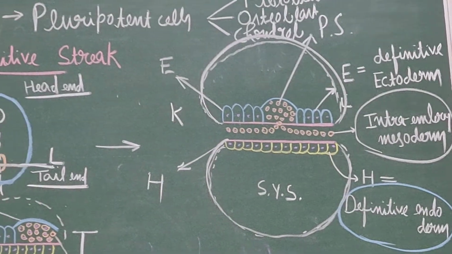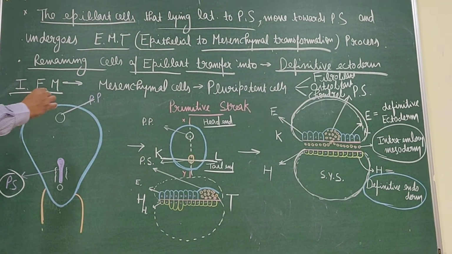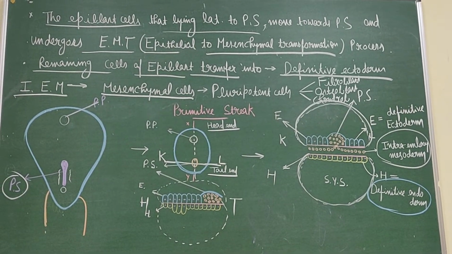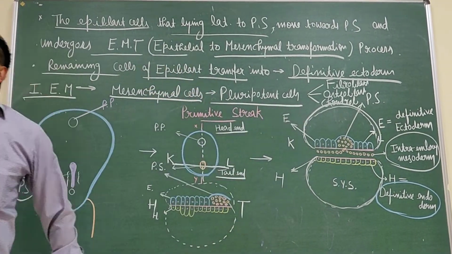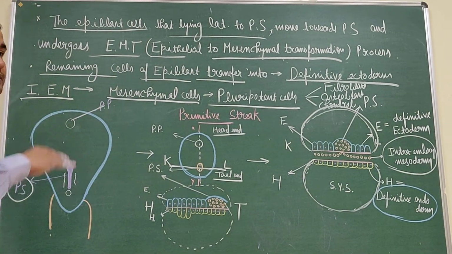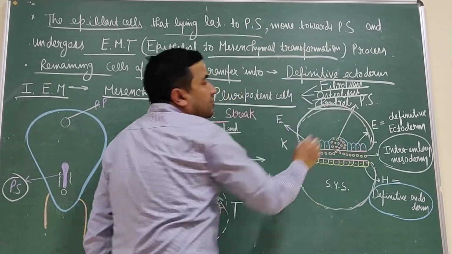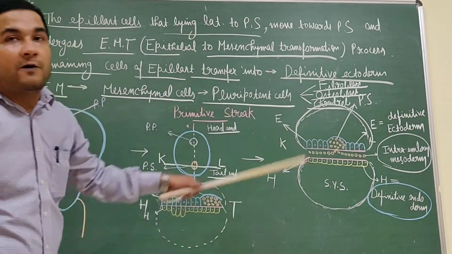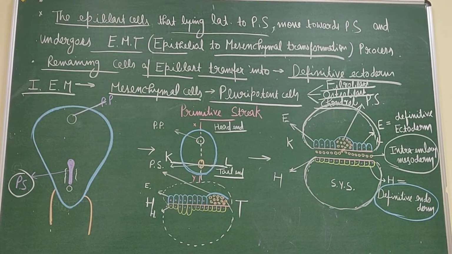Now, this intra-embryonic mesoderm or secondary mesoderm that is formed is also known as the mesenchymal tissue. These cells are pluripotent. In further stages of development they differentiate into fibroblasts, osteoblasts, and chondroblasts.